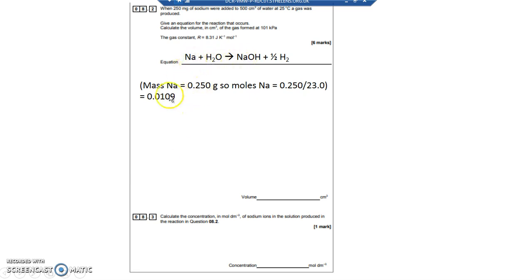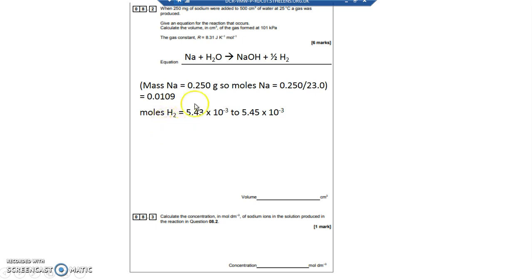Now, 0.109 moles of sodium will make half the number of moles of hydrogen, because 1 mole of sodium makes half a mole of hydrogen in the equation. So if we divide this by 2, I'll work out the number of moles of hydrogen. It's 5.43 times 10 to the minus 3. You're allowed up to 4.45 times 10 to the minus 3, so it allows some error on your calculator.